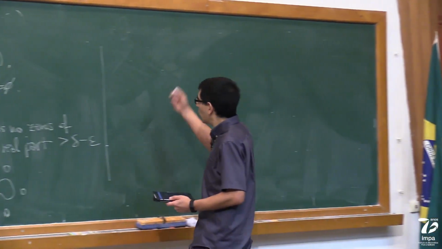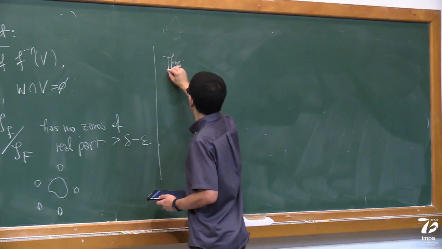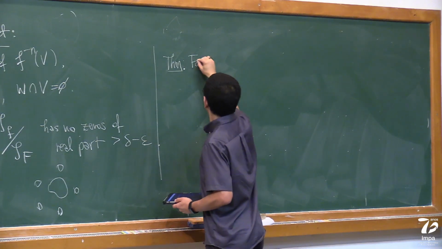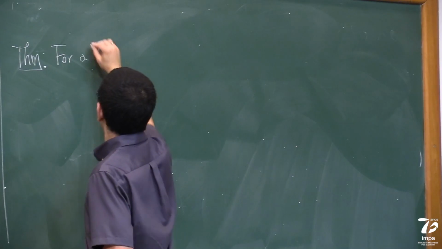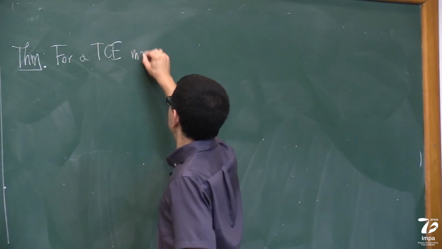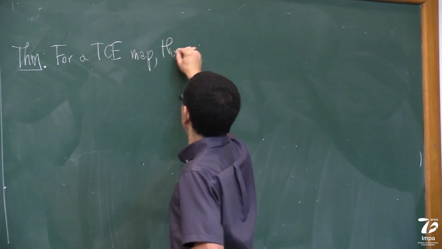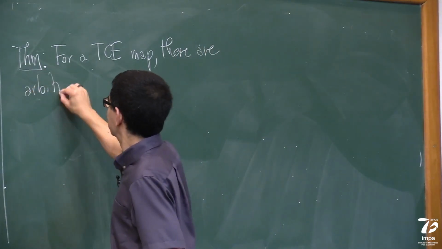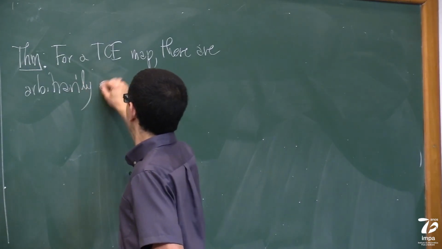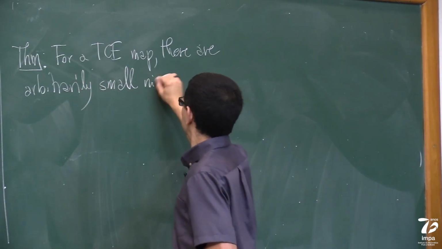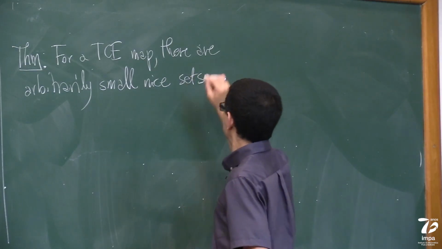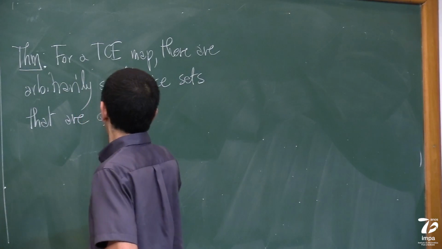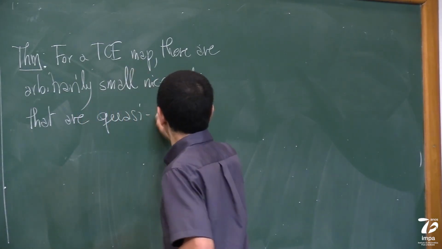So one of the steps in the proof is to show that, say, for a TCE map, there are arbitrarily small nice sets that are quasidisks.